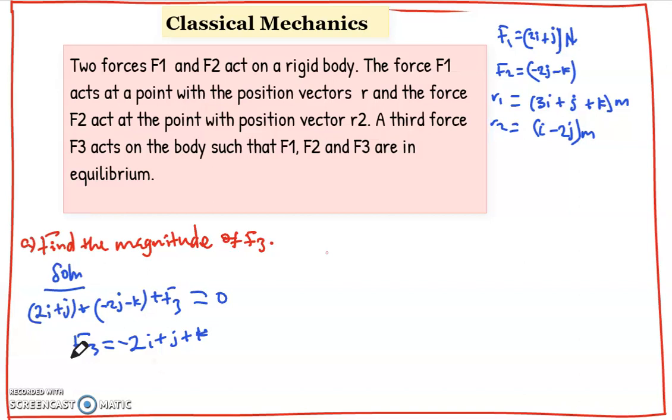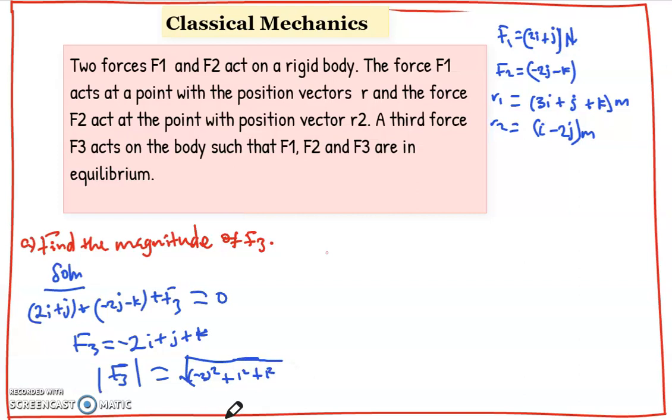But the question is asking us for the magnitude, so we need to take the magnitude of F3. This is going to be the square root of negative 2 squared plus 1 squared plus 1 squared.